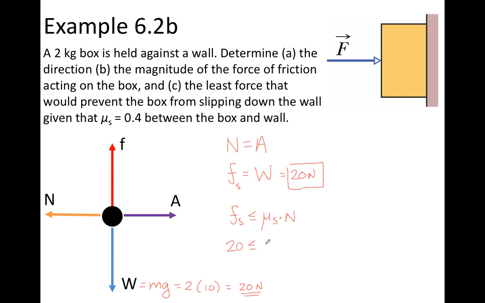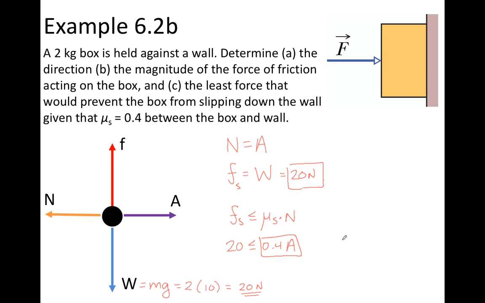We know that mu s is 0.4. And we know that the normal force has to equal the applied force. So this inequality cannot be violated. It has to be true. And when the right-hand side is as small as it can be, when the applied force is a minimum value, that's when this inequality becomes an equal sign.